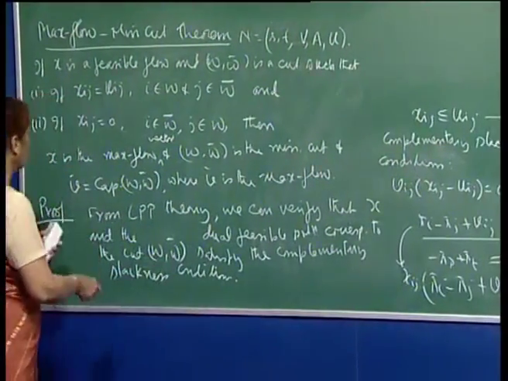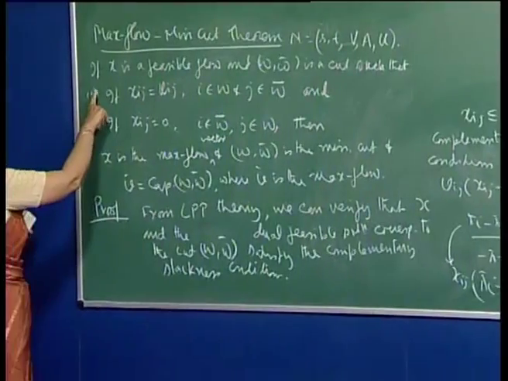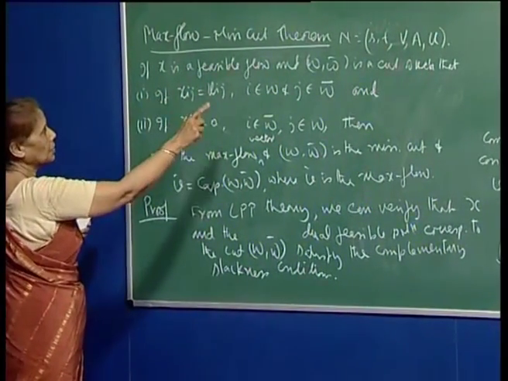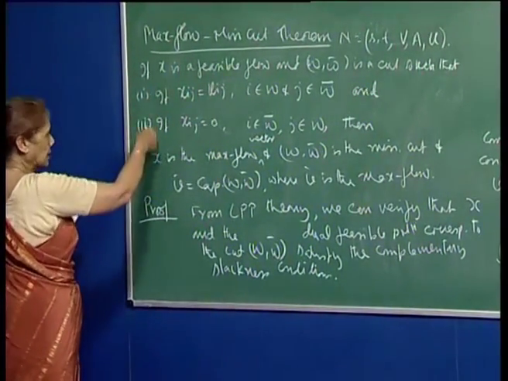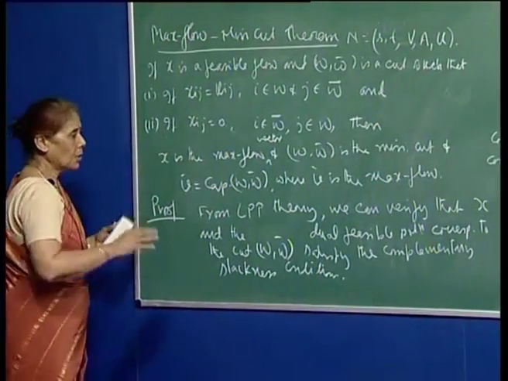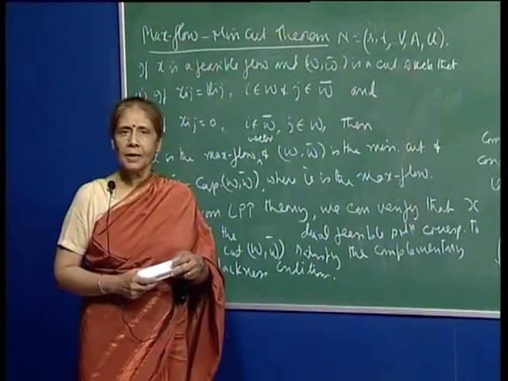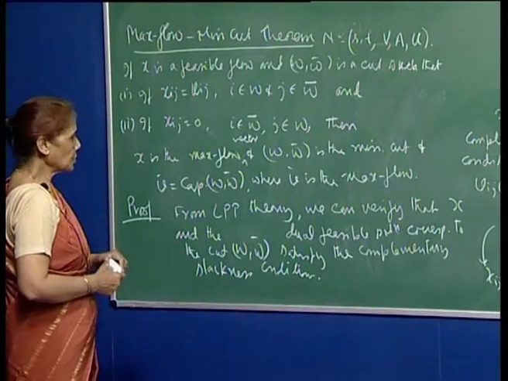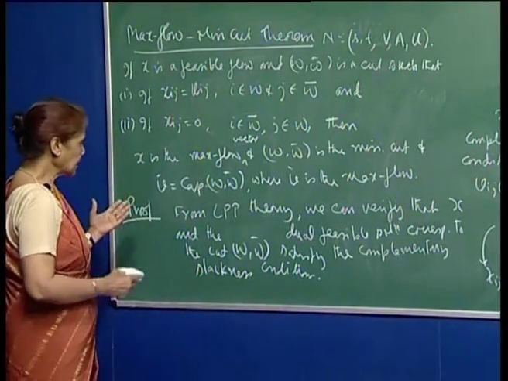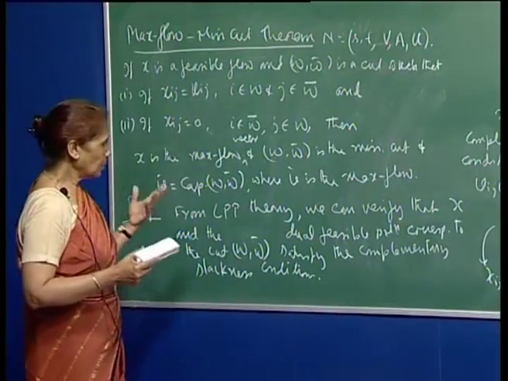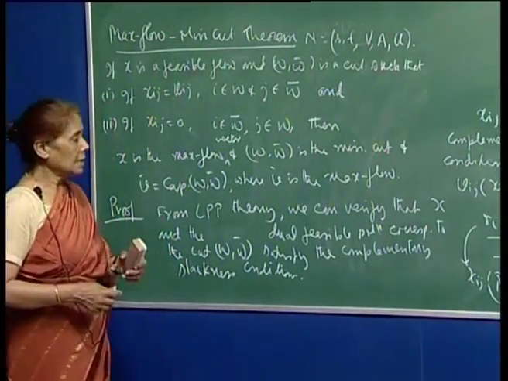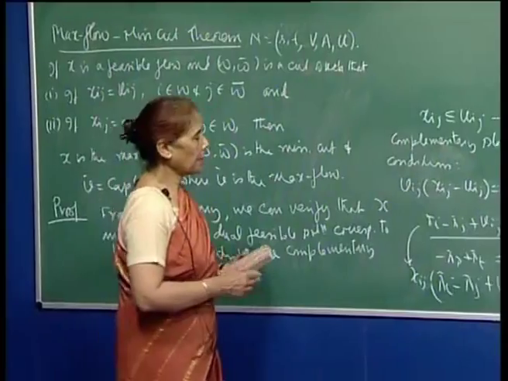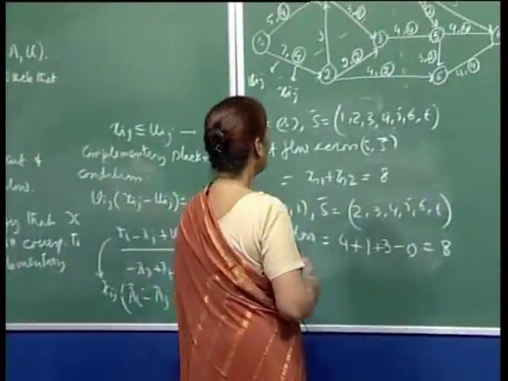What I want to say is that if an x and a corresponding cut w bar satisfy these two conditions, then the complementary slackness conditions are satisfied, and therefore we immediately get that the two solutions will be optimal. That means x is the max flow and w bar will correspond to the min cut. Now, what will be the value of the cut?